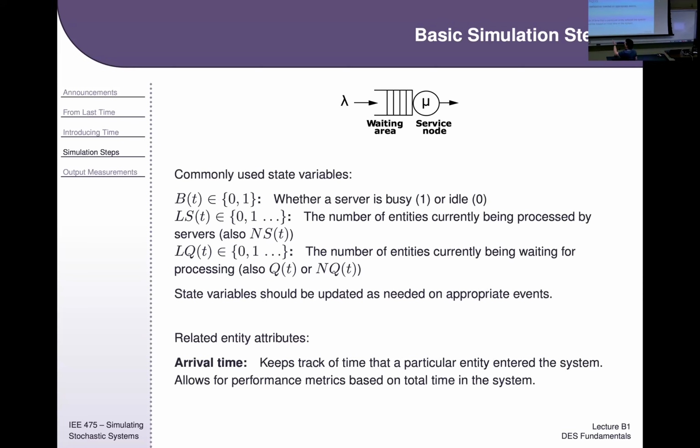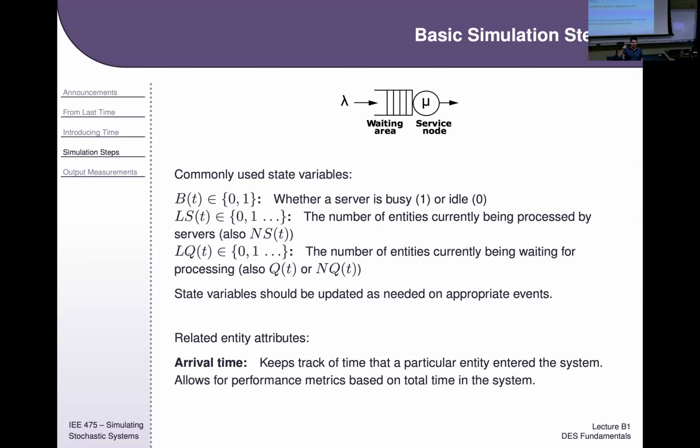Now, during this process, you'll have to update state variables. These are example state variables that look like the ones you'll see on your homework. So B is whether a server is busy or not. If there's only one server, then it's only 0 or 1. How many servers are busy? There's just one that's busy. Ones that you'll see on your homework are LS and LQ. LS is the number of individuals currently in the server.